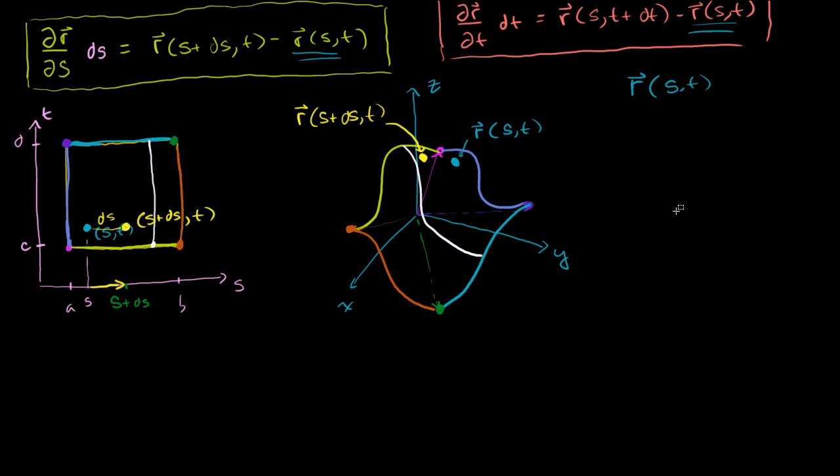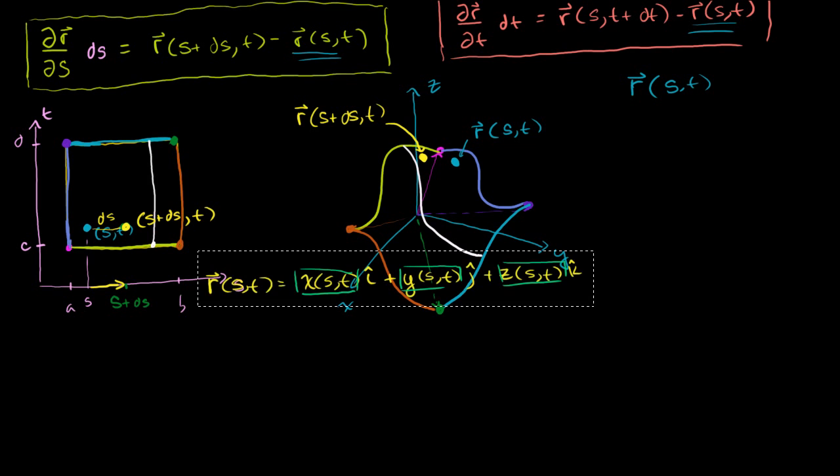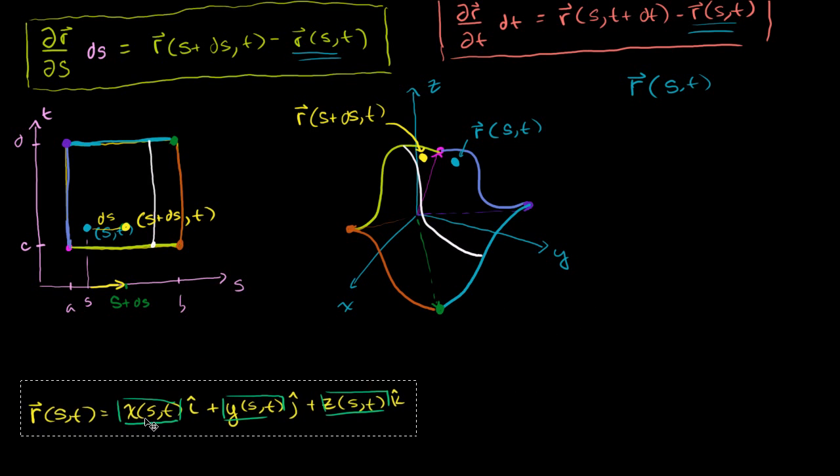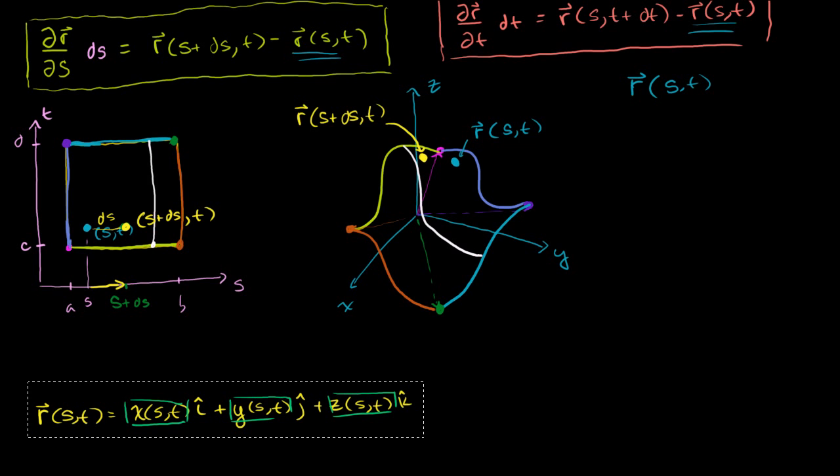When we took this little blue point, this s and t, and put the s and t values here, we get a vector that points to that point on the surface right there. When you add a ds to your s value, you get a vector that points at that yellow point right there.